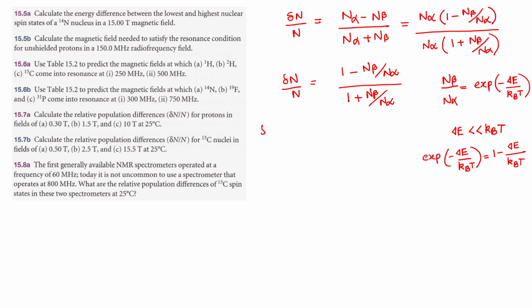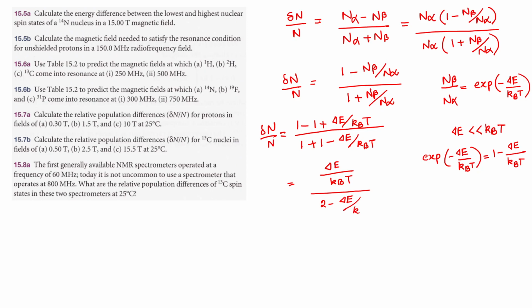If we replace it here, this expression will become 1 minus 1 plus delta E by kBT, divided by 1 plus 1 minus delta E by kBT, and that leads to delta E by kBT over 2 minus delta E by kBT, right?